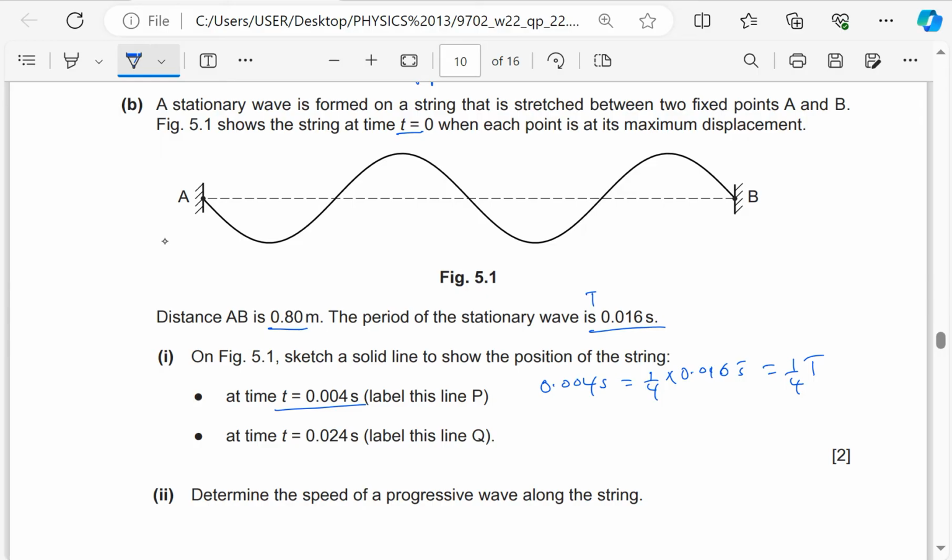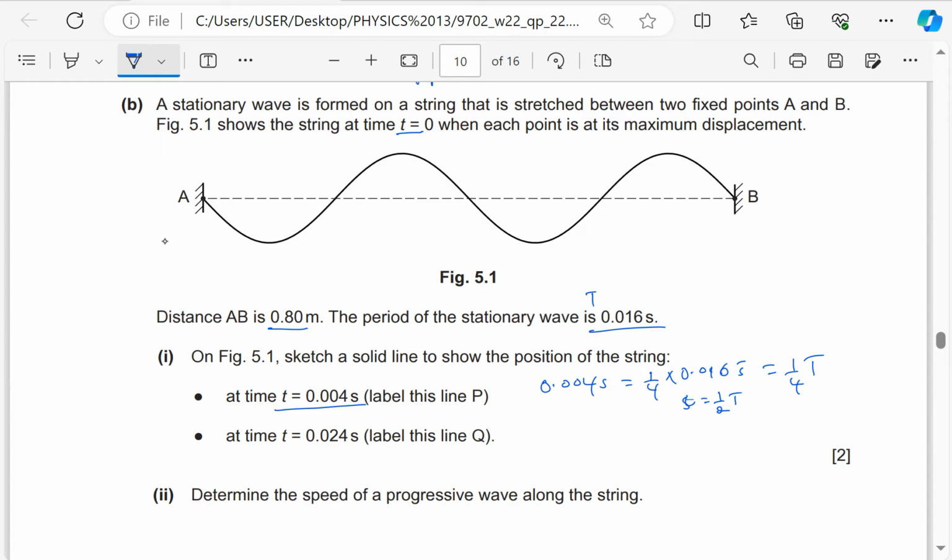Another one moves to the left by a quarter of its cycle. It means the time out of step is going to be half a period. A quarter period to the left, a quarter period to the right. That means if I consider two corresponding points on the wave, they are half a period out of phase.